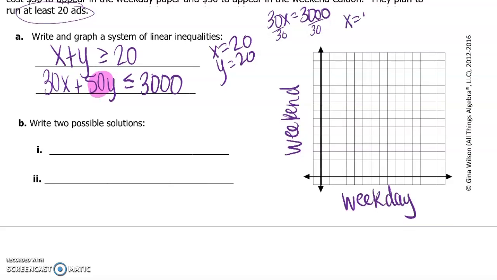And x equals 100. So we know we need to get all the way to 100 on the x. And I'm going to do the same thing for the y's. Cover up the x, and it says 50y equals 3,000. And I divide, and I get 60.